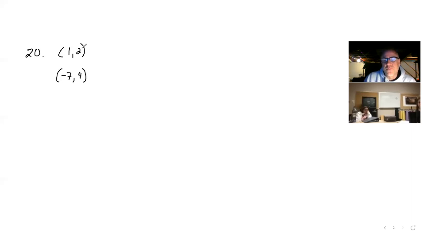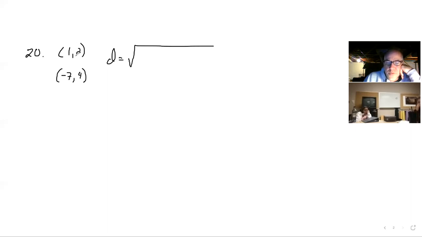Basically, you're going to end up using the distance formula and midpoint formula. We're going to use the distance formula to find the length of the diameter, and then the radius would be half of that. So I'll call it D for diameter in this case.